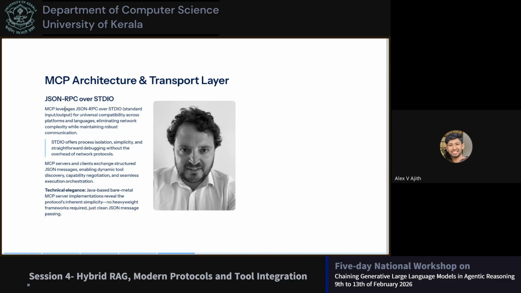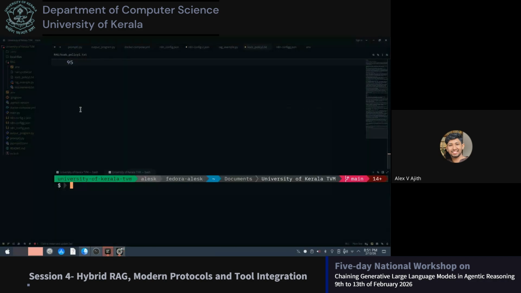MCP leverages JSON RPC, which means there are two or three different ways by which MCP servers communicate with your LLM model. JSON format simply means dictionary pairs. I can show an example.